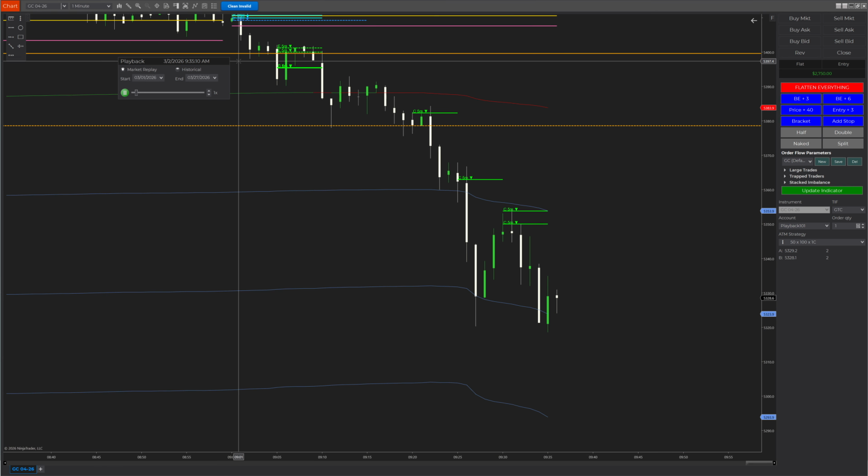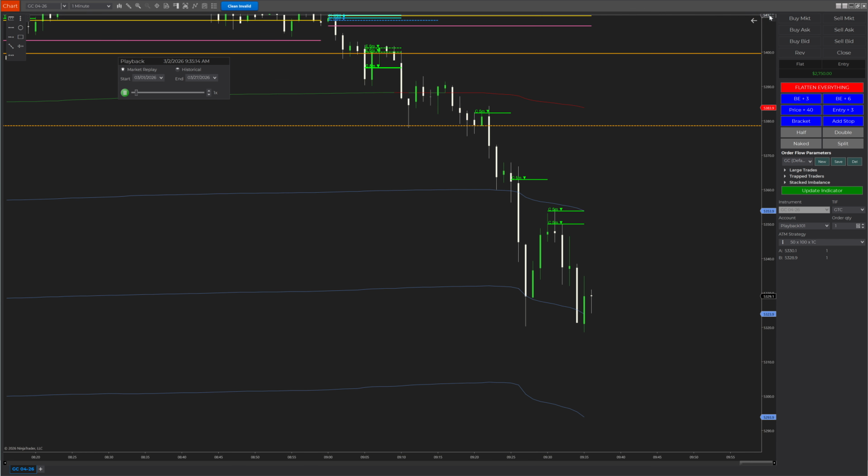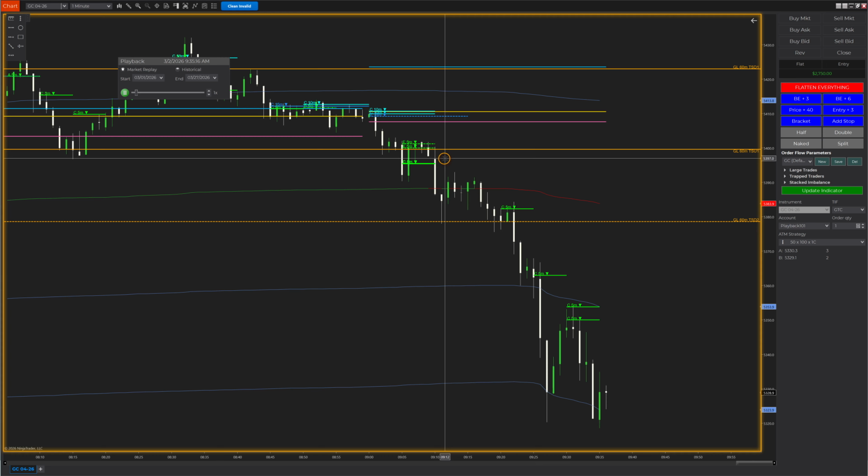This one was a tricky. It's easy, in hindsight that looks great. I could have waited for it to wick this level, but at the time it looked pretty sketchy. But knowing that VWAP was below it, yeah, that was probably a miss on my part as well. I took this. I didn't set my stop back. I just ended up getting out of the trade with break even.